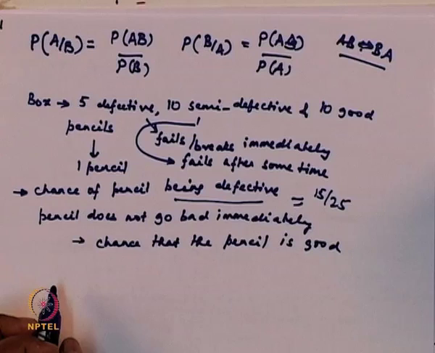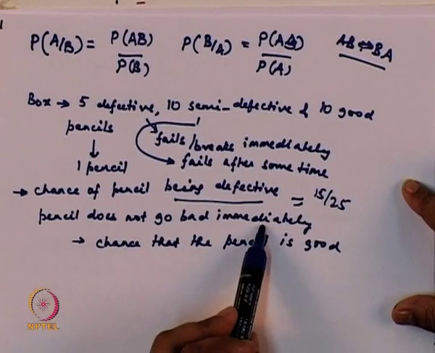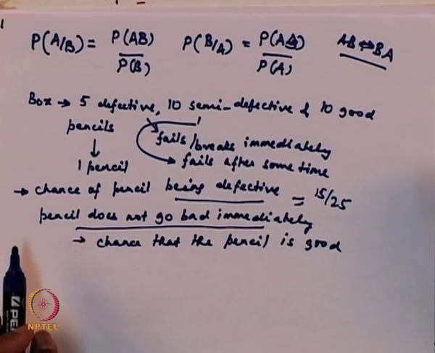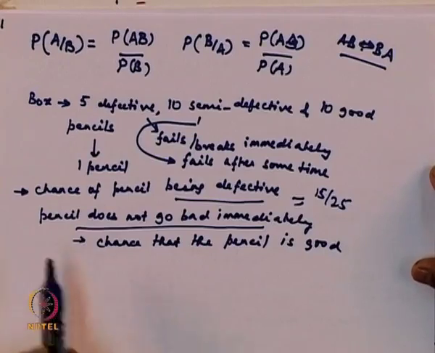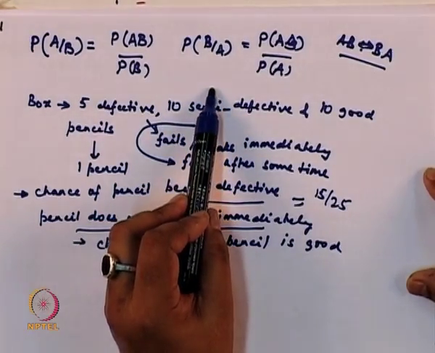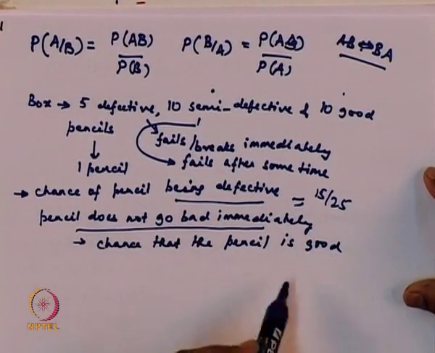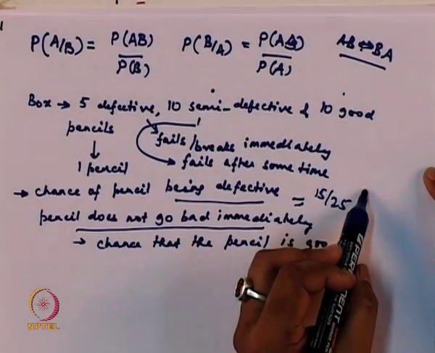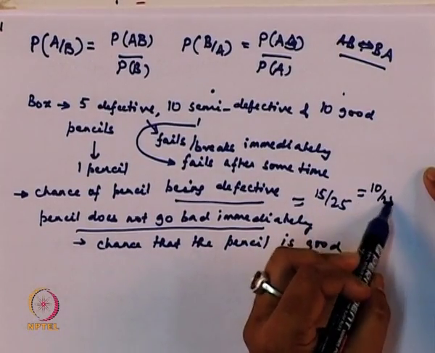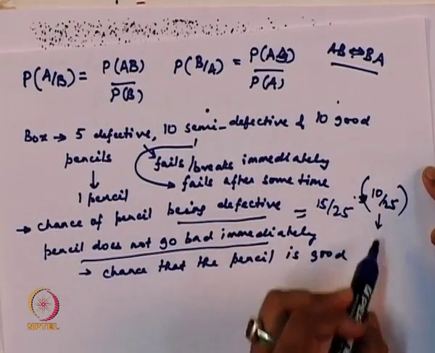So, this is an example of conditional probability. If I have this statement, the pencil does not go bad immediately, it means that I have either chosen a semi defective piece or a good piece. So, under this case what is the probability that the pencil is good? Without the condition it was simply 10 by 25. So, this is the chance of the pencil being good.